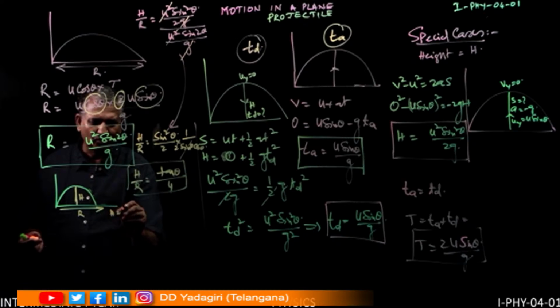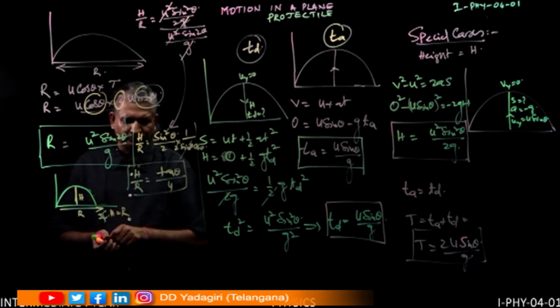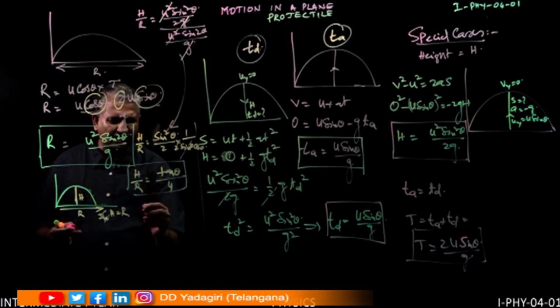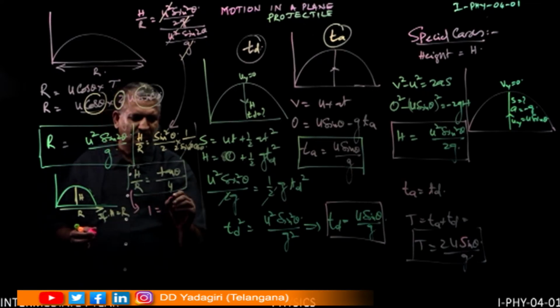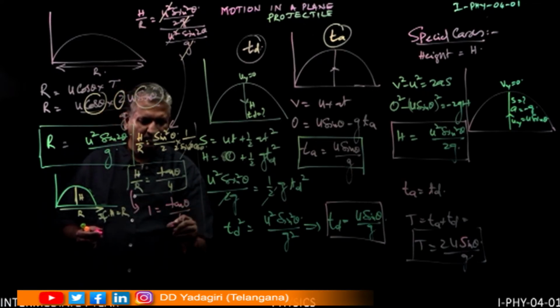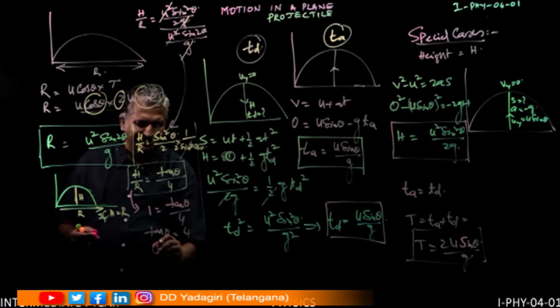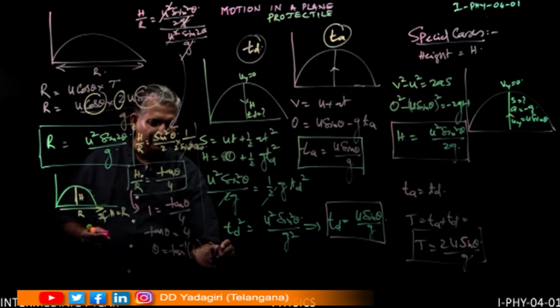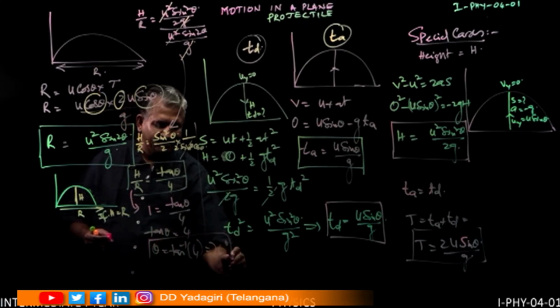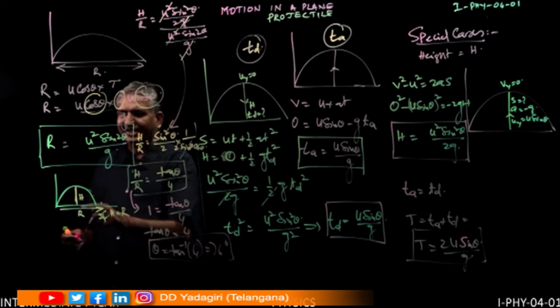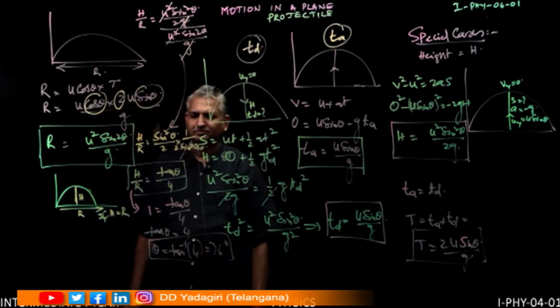So if h is equal to R, what's going to happen? h by R becomes 1, from the above formula, 1 = tan θ by 4. So tan θ is equal to 4, or θ is equal to tan inverse of 4, that is 76 degrees. So for an angle of projection of 76 degrees, height and range of a projectile will be same.